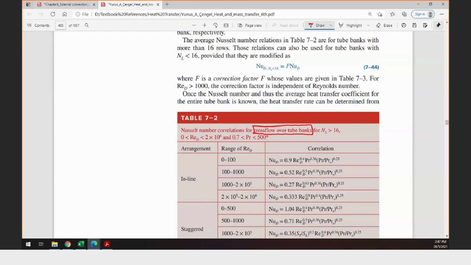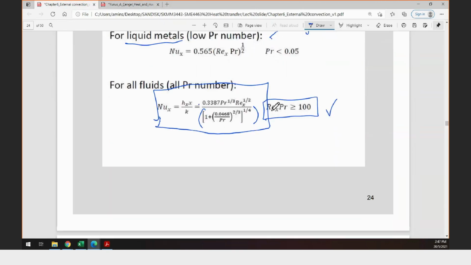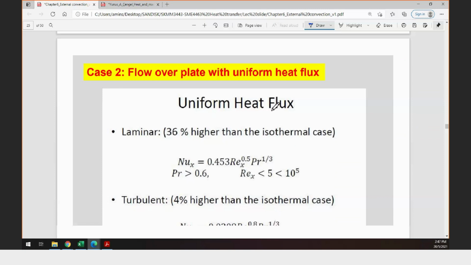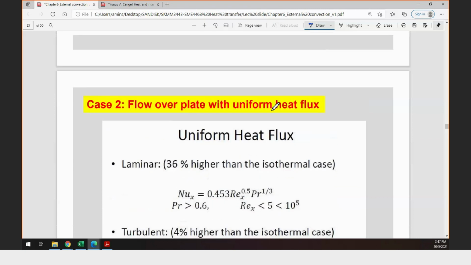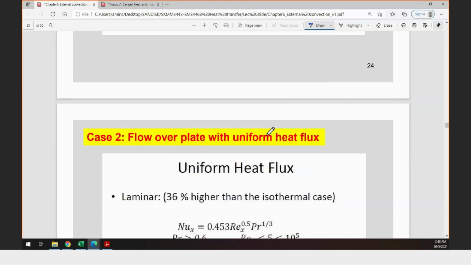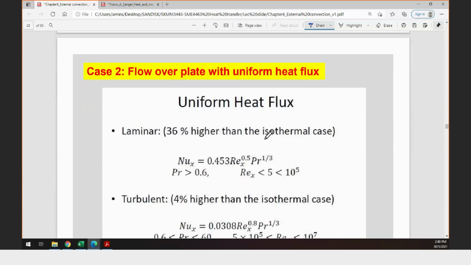Okay, back to the slide. Case 2. You may find in some cases the plate that you are analyzing is experiencing some heat flux. What is heat flux? The plate is exposed to a certain heat flux.